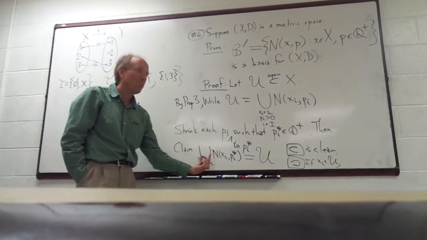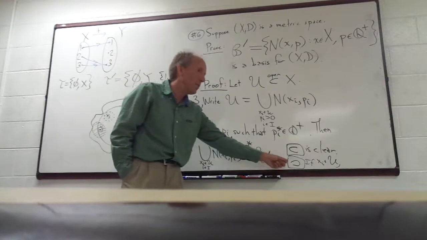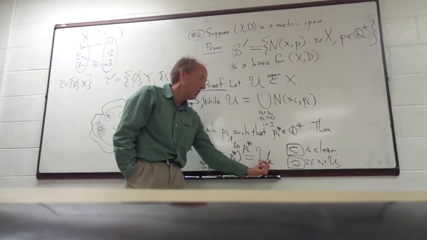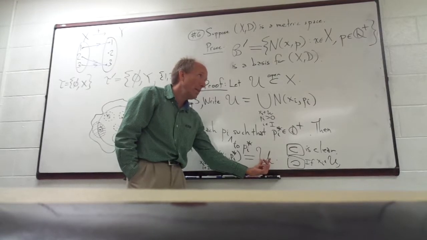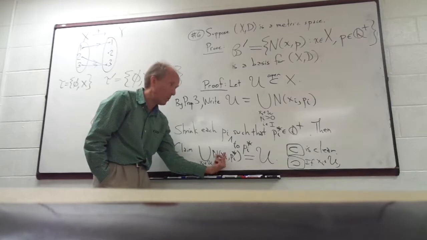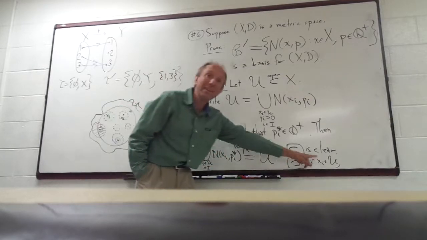So I actually am trying to convince you this is clear also. If you pick anything in U, right, it lives in its own neighborhood, right? One of these terms in this union is going to be that particular point, right?